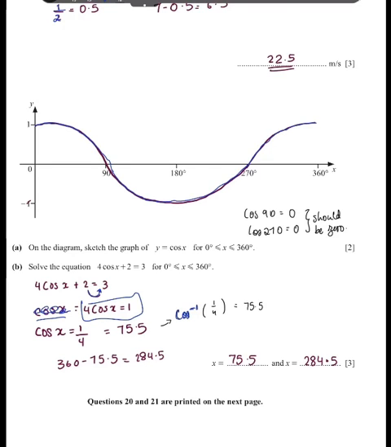If you do inverse cos 1 by 4, you will get 75.5. So that's the first value of x. Now for cos, we normally do 360 minus that x. So we have 360 minus 75.5, which is equal to 284.5. So your second value is 284.5.